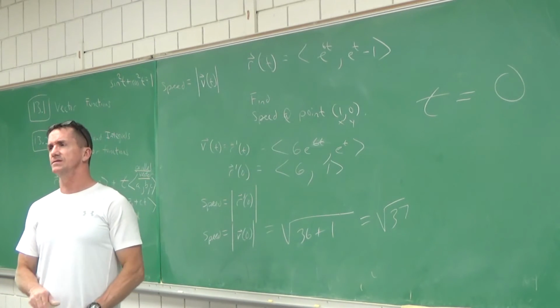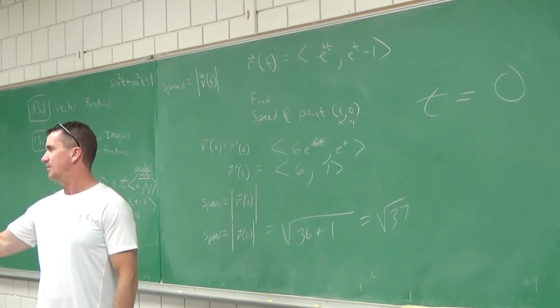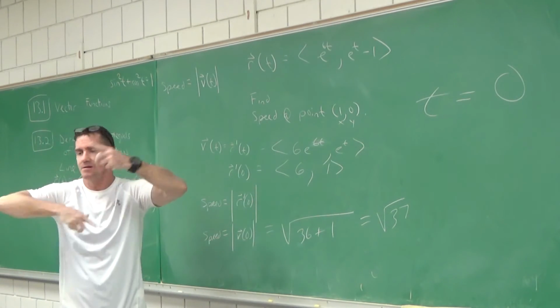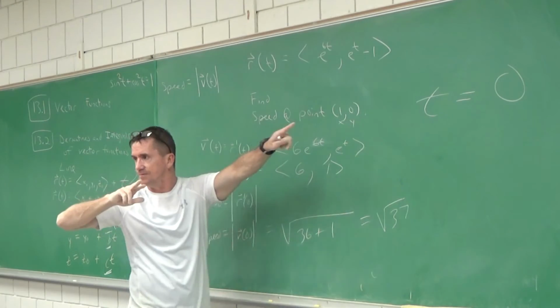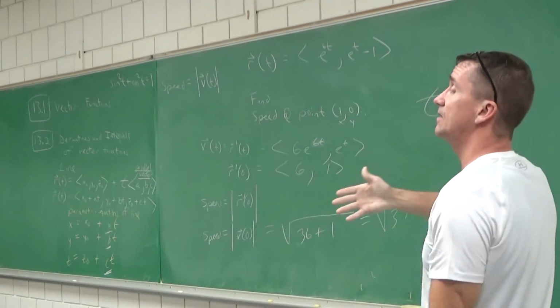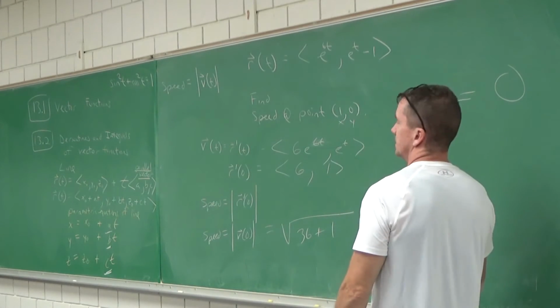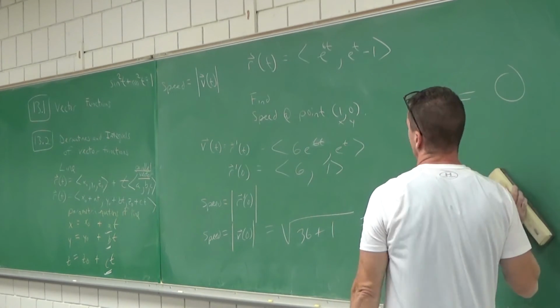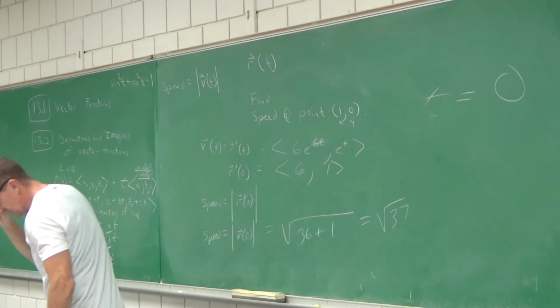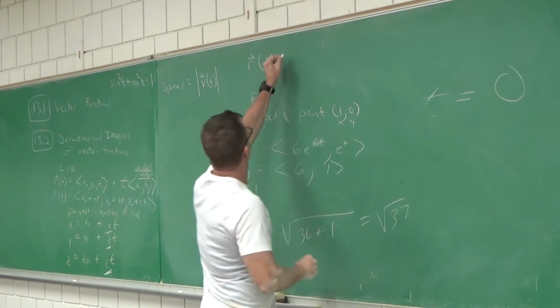Can we do another one of these? This only had x and y components. Let's do one with x, y, z components. It goes fast. Again, be careful when they don't give you the t value. Sometimes they do, like find the speed at t equals 5, and you plug in a 5. Sometimes they give the point, and we have to compare. So here's r of t this time: e to the 6t.